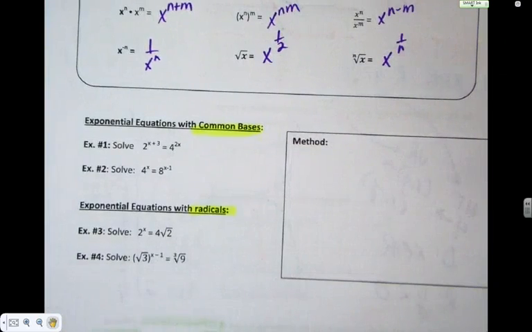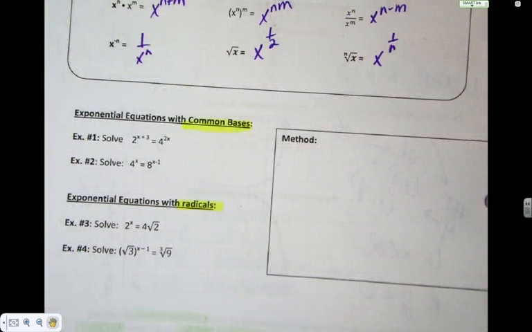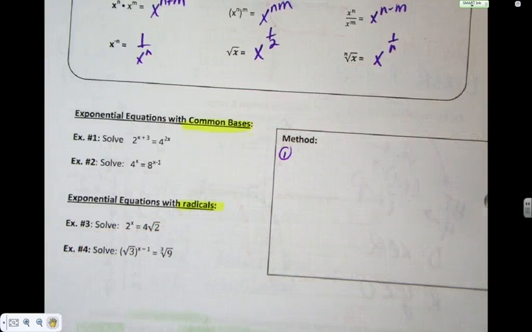Let's get a method first. This is the best part, where you get to tell me the method and then I get to laugh. Do you think it's always going to be the right-hand side? Okay.